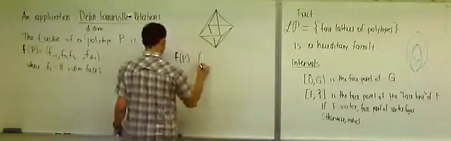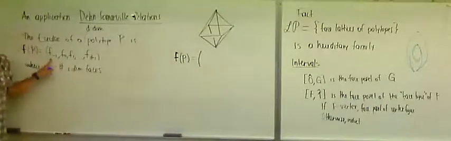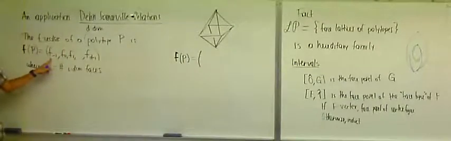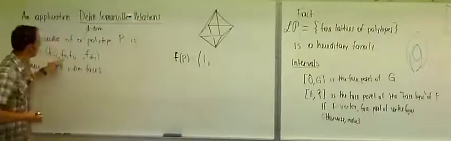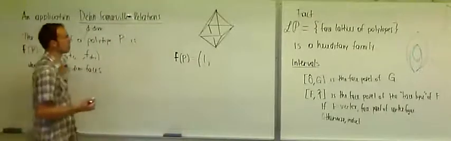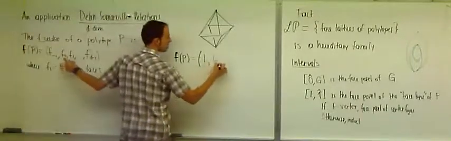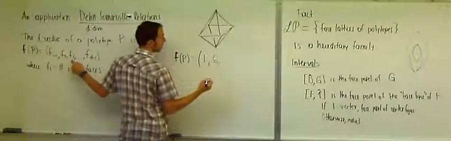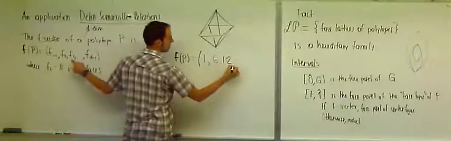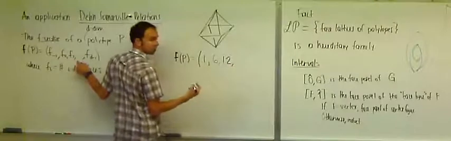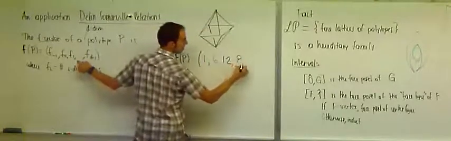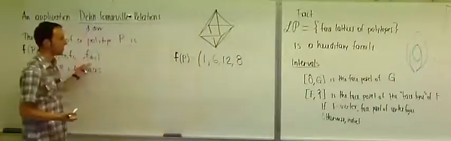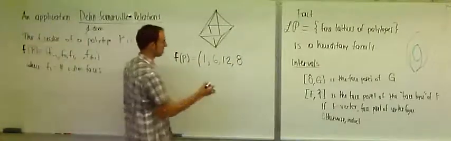Well, first we count minus one-dimensional faces. It's kind of weird, but this is just the empty set, and there's only one empty face. F0 is the number of vertices. So there are 6 vertices here. F1 is the number of edges, and there are 12 edges here. F2 is the number of two-dimensional faces, and here there's 8 triangles. And then, you see, we stop at d minus 1, so we don't count the full polytope.